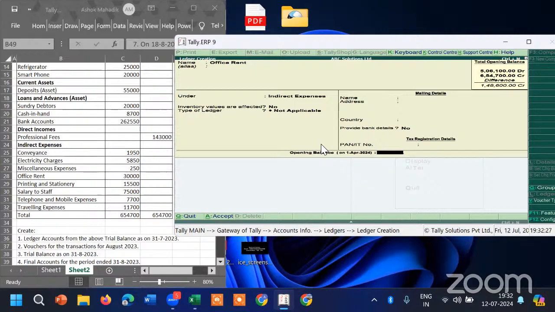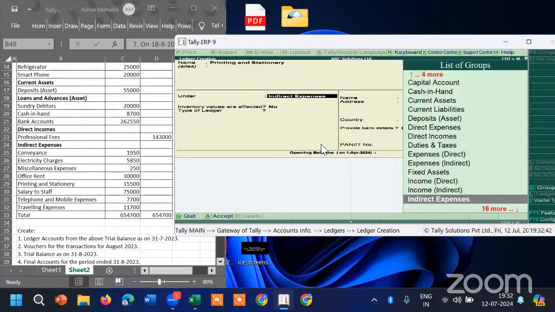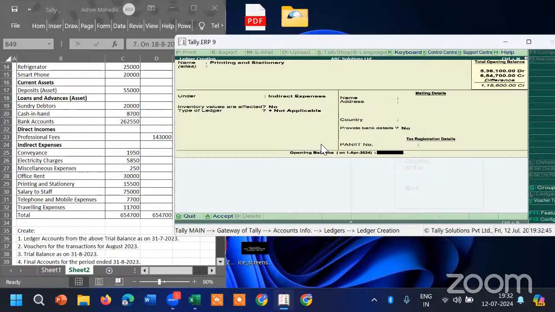Office rent, 30,000 spent in July. Printing and stationery, amount 15,500. Salary to staff, amount is 75,000.